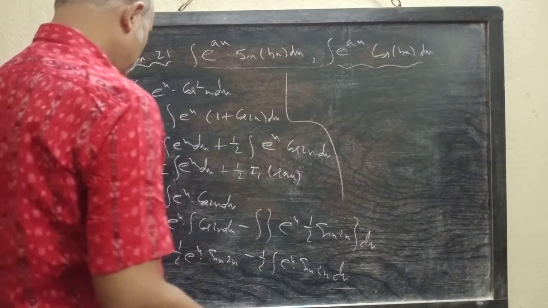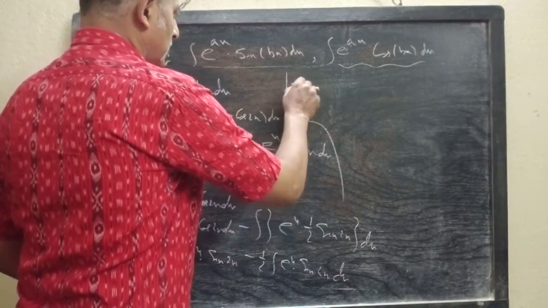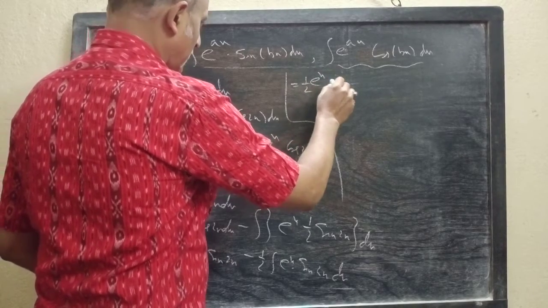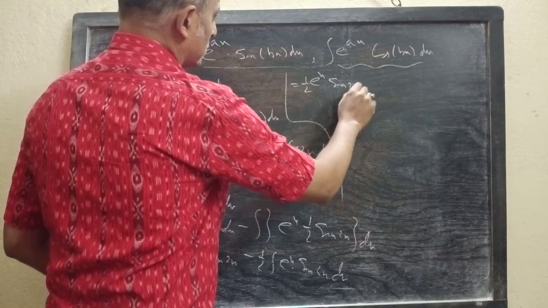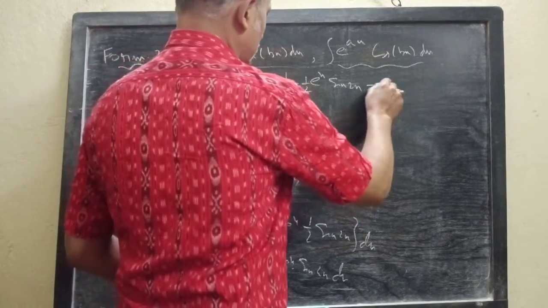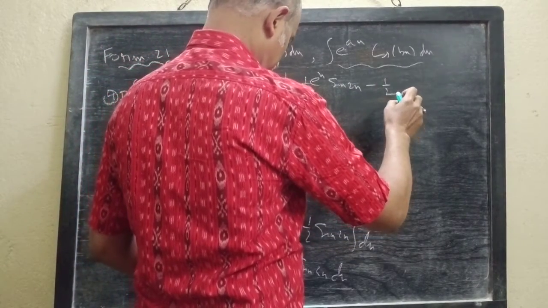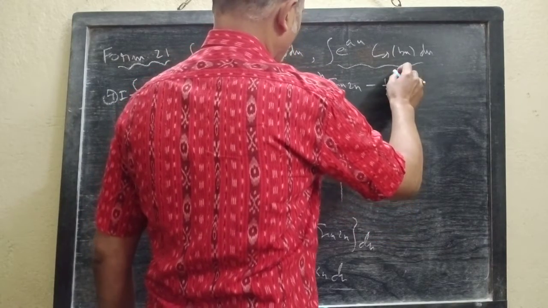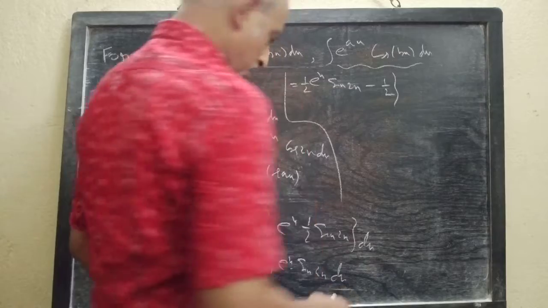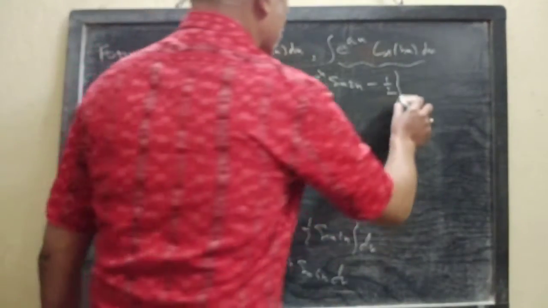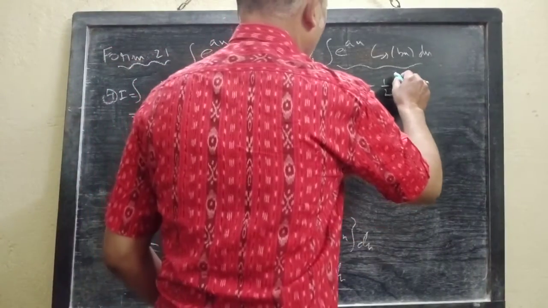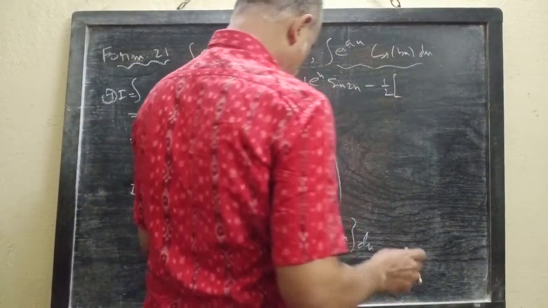Do by parts again here. You get half e to the power x sin 2x minus half, and I put here third bracket because second bracket will be needed, e to the power x sin 2x.